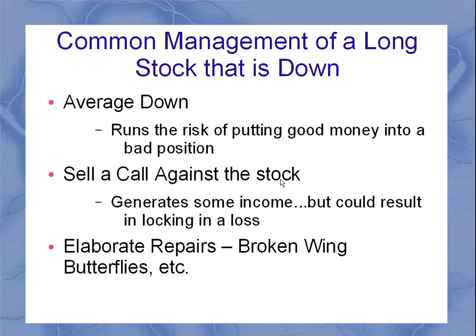So we have that stock, bought it at 50, it drops down to 44, we're looking at a $6 loss on our position, a little bit above 10%. I figure I can sell a 45 call 1 month out, generate $1 in premium, now the stock's at 44, and this will cut my loss down to only $5 instead of $6, and then I'm going to hope to manage it.